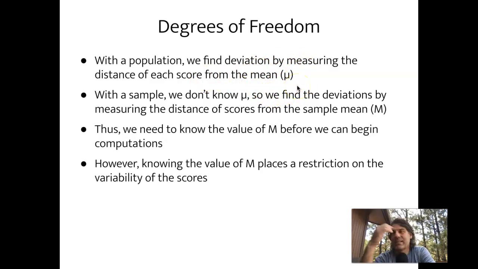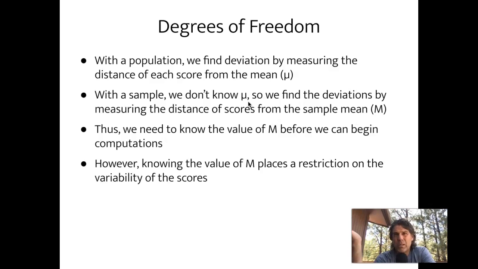Now, one of the things that you'll see, and it's sort of this theoretical thing, is that when we work with populations, you kind of have to know the mean, right? But if we're dealing with a sample, we don't know the mu, the population mean. Now, a sample's trying to estimate the population, so we really should, if we wanted to calculate the deviations, subtract it from the population mean.